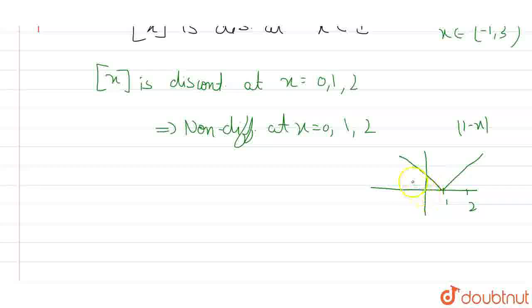Similarly, this function will be continuous for all values of x, which is 0, 1, or 2. I can write it down here: |1 − x| is continuous at 0, 1, and 2. But this one is not differentiable at 0, 1, 2.